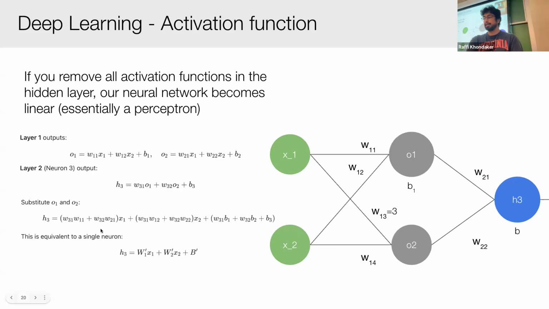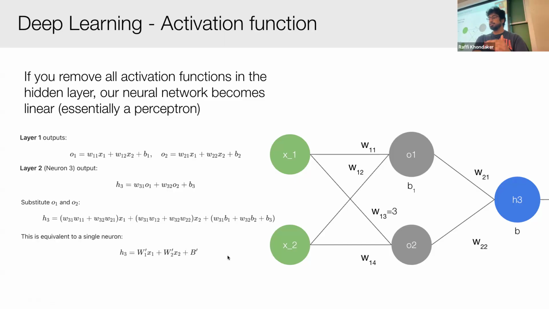And it turns out that this grouping of weights is equivalent to learning a single weight. In other words, instead of trying to learn these 4 weights, why couldn't you just learn W3, W31 times W11 plus W32 times W21? Why don't you just assign that to a big W1? Does that kind of make sense?